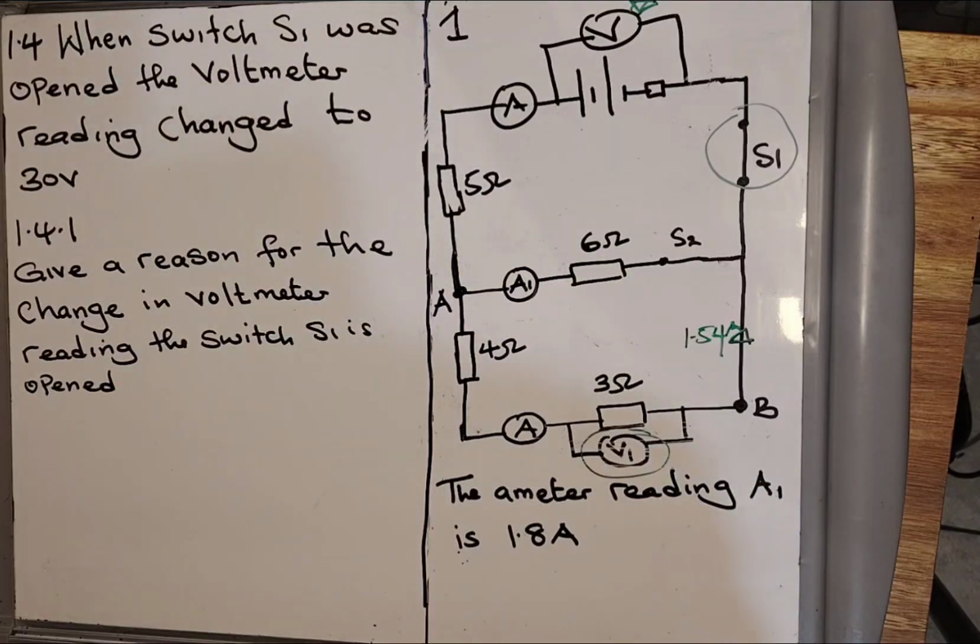Remember previously we calculated it as 27 point something. Now what happened here? Opening of the switch has increased it. Now the question comes: give a reason for the change in the voltmeter reading when the switch S1 is open.